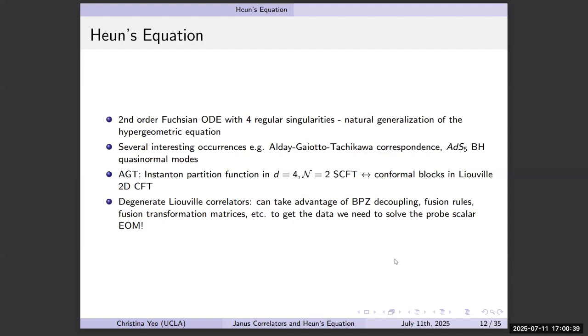There's the AGT correspondence that relates the Nekrasov instanton partition function in a D equals 4, N equals 2 SCFT to conformal blocks in the Liouville 2D CFT. And it also shows up in this setup, which might be more familiar to the audience. If you look at thermal correlators in AdS5/CFT4, look at the analytical structure of that, we can read off the quasi-normal mode data.